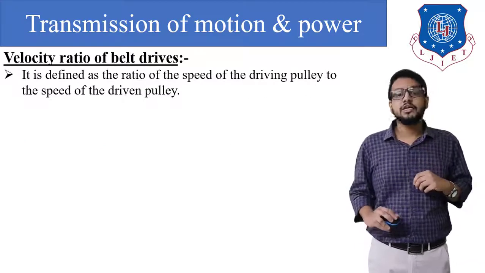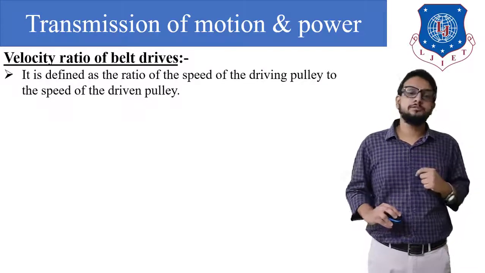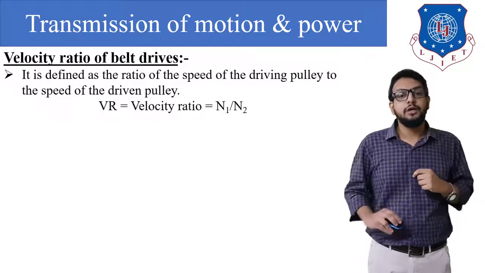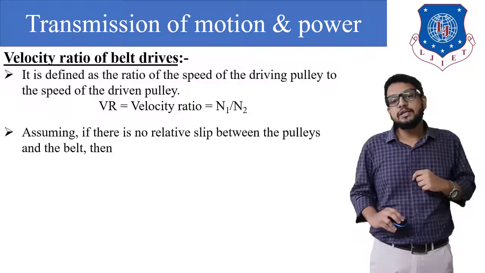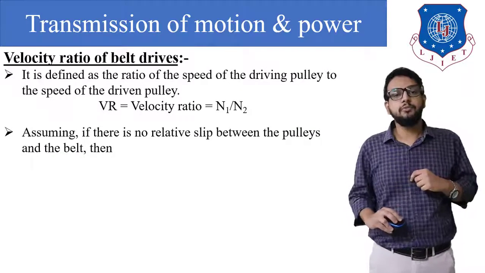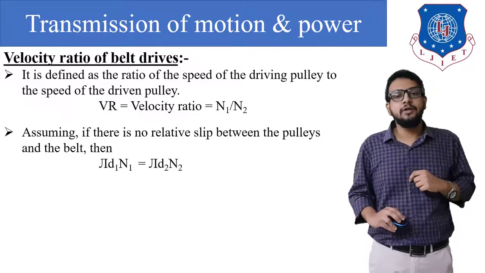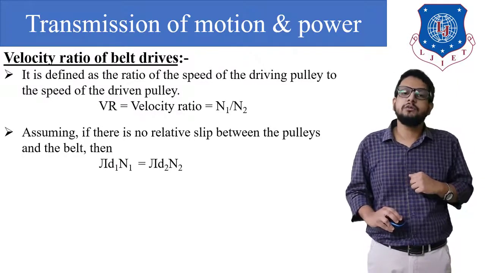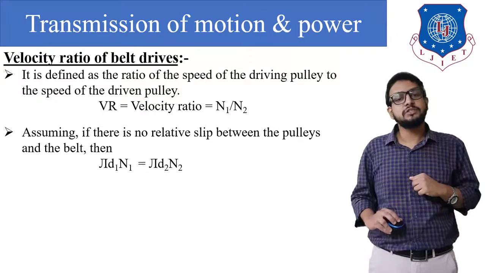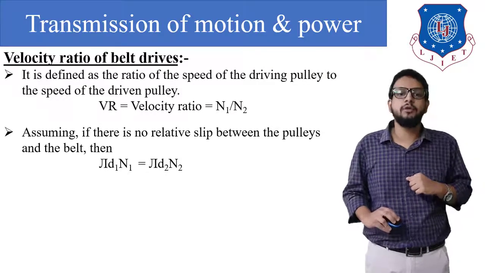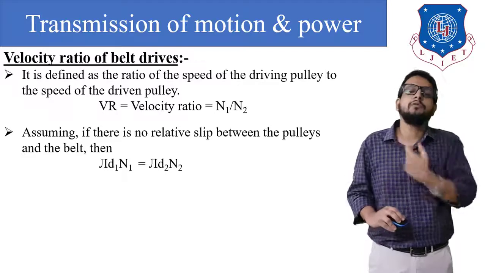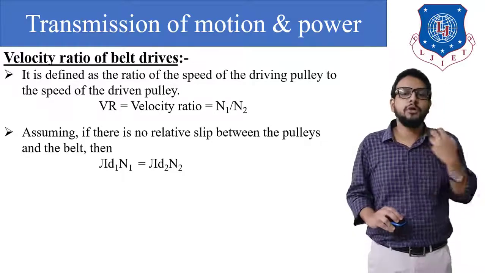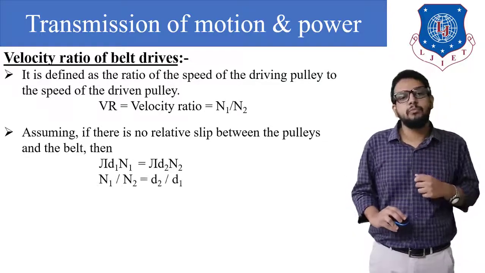Okay. Now next is the velocity ratio of belt drives. It is defined as the ratio of speed of driving pulley to the speed of driven pulley. So V is equal to N1 by N2. Assuming there is no relative slip between the pulleys and the belt, then we can write pi d1 N1 is equal to pi d2 N2. So this is the circumferential velocity of pulley number 1, the driving pulley, and pi d2 N2 is the circumferential velocity of pulley number 2, the driven pulley.